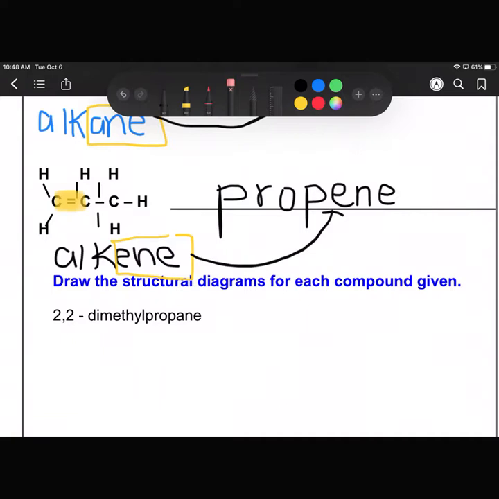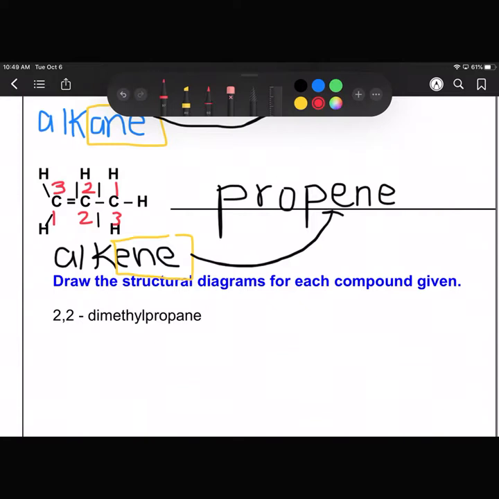How we do that is we need to count out the carbons, and I'm going to do this in red. We can count from left to right or right to left, it doesn't matter. I'm just going to do it both ways: 1, 2, 3, or we can count this way, 1, 2, 3.